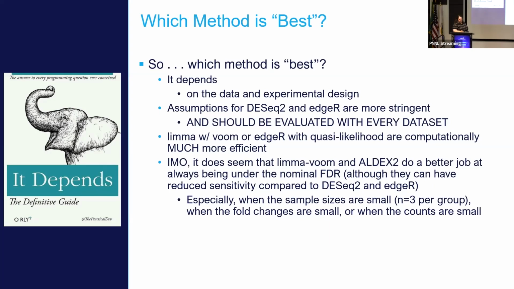We mentioned DESeq2 is probably more user-friendly. It does some weird things like these automatic filtering. You also can't compute more than one A versus B comparison at a time. So if you have 3 groups and you want to do all pairwise comparisons, you have to run things 3 different times.